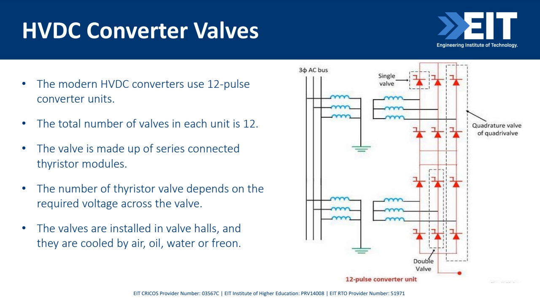Ideally, it should be lossless switching from on to off, but practically they have some delay time in switching off and on, so they will have some loss. That loss obviously results in heat generation. That's why we need some kind of cooling mechanism in those halls, because it is working at very high power and high voltage.